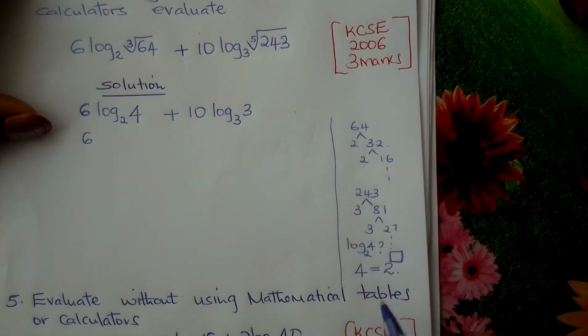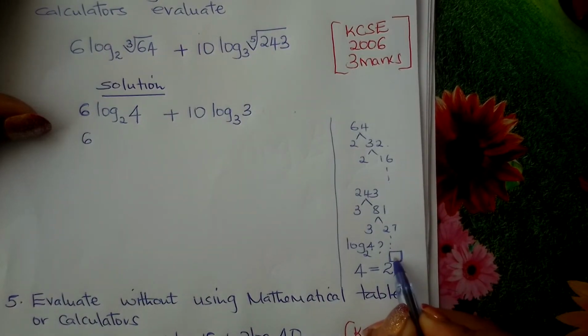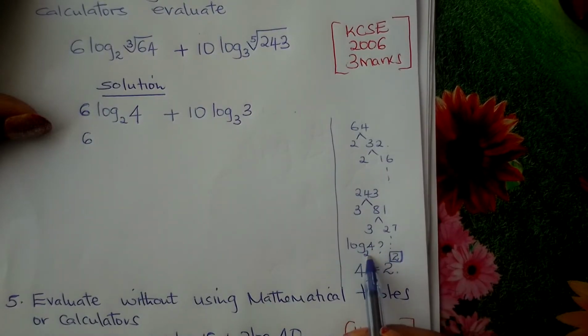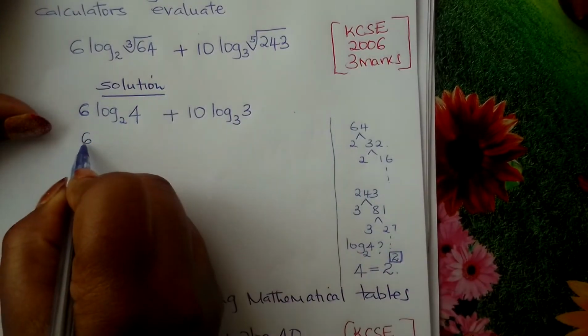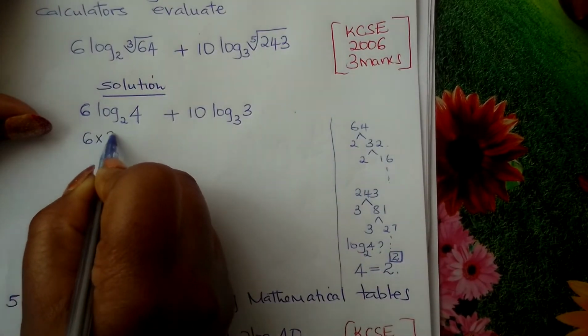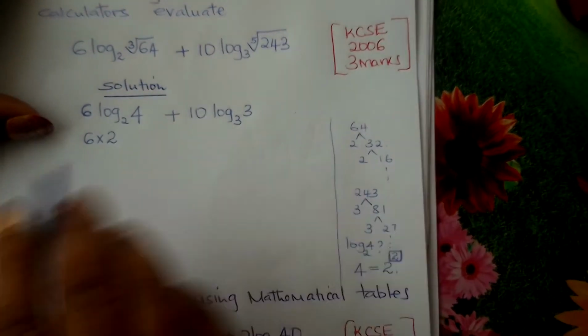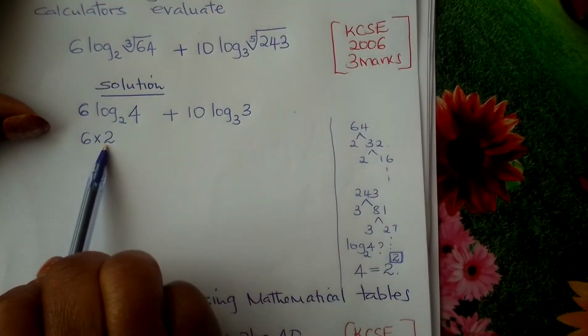Logarithm is a power. What is the power that you would write here? The power would be 2. And therefore, the logarithm of 4 to base 2 is 2. So you come and say this will be 6 times 2.